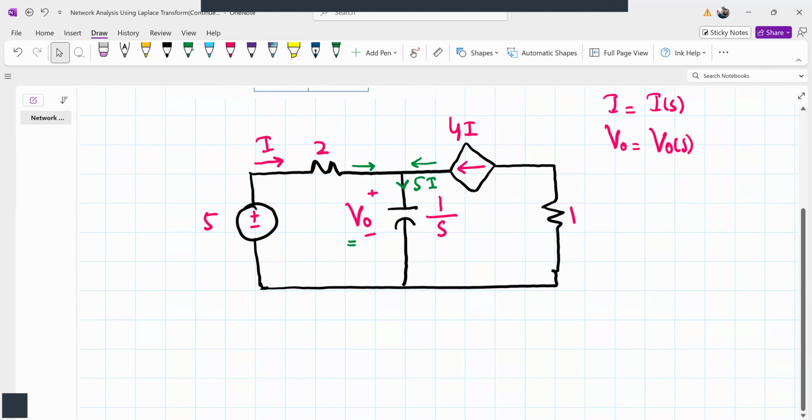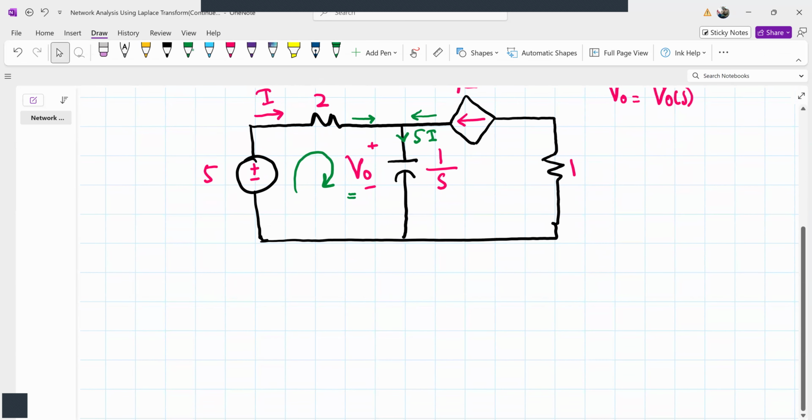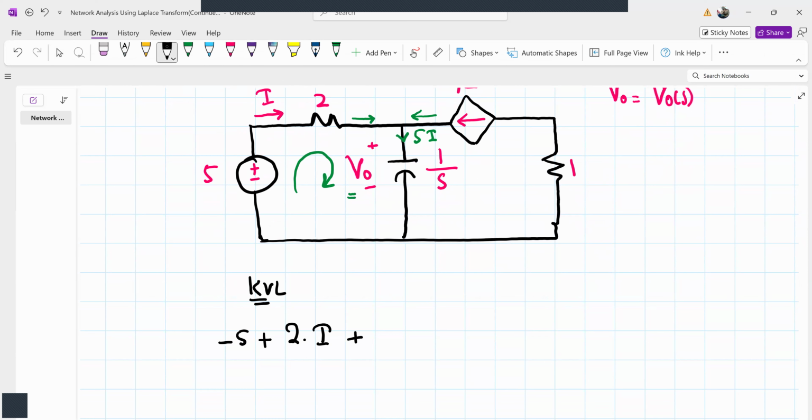Let's apply KVL in this loop first. From KVL in loop 1, we get minus 5, that's the voltage of the 5 volt source, then we have the 2 impedance multiplied by the current as the voltage drop, and we write the voltage across this 1/s impedance as V0.